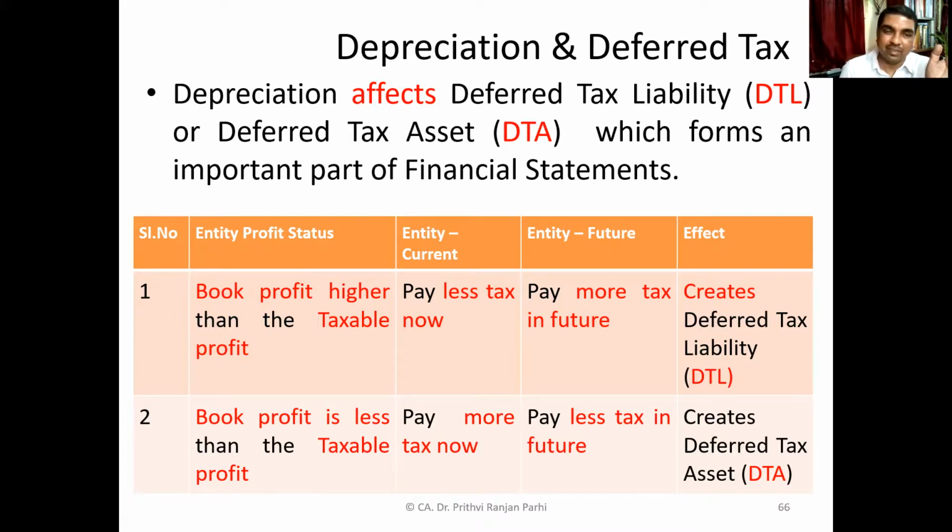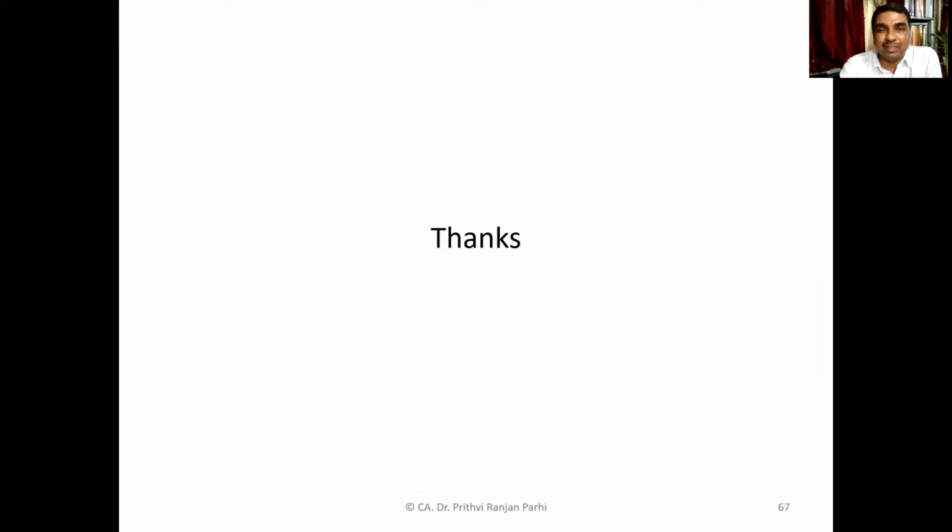So in which situation will there be deferred tax asset? When the taxable profit will be more, and taxable profit will be more when the rate of depreciation is high. So a high rate of depreciation will lead to deferred tax asset. So when doing business planning, we need to keep these things in mind.